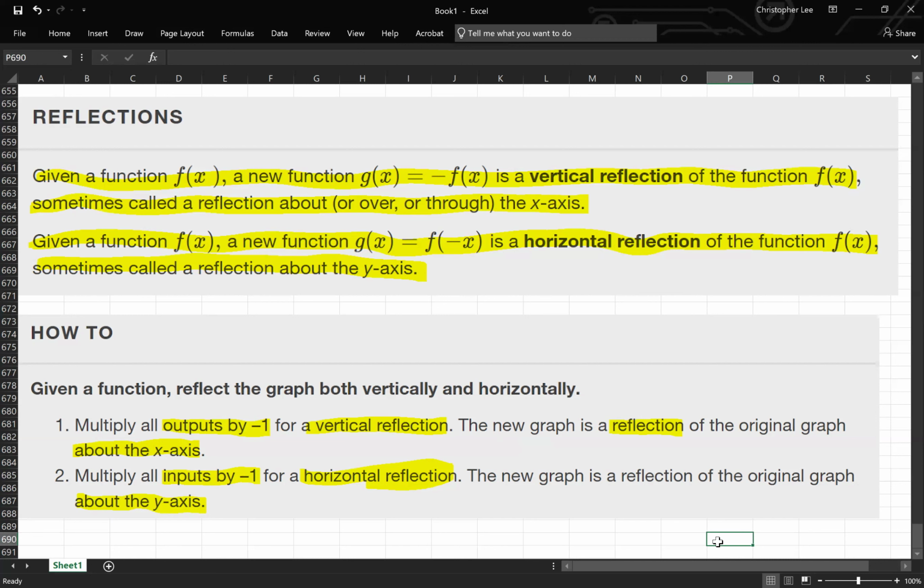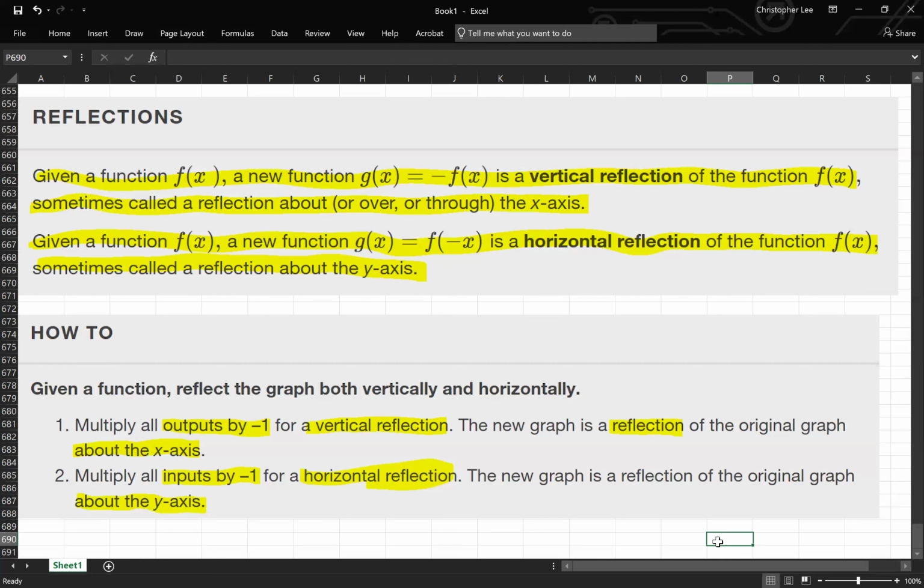Step two, we multiply all the inputs, the x's, by -1 for a horizontal reflection. The new graph is a reflection of the original graph about the y-axis.